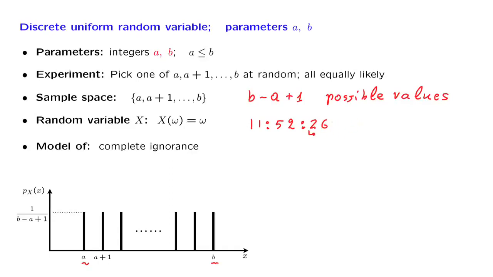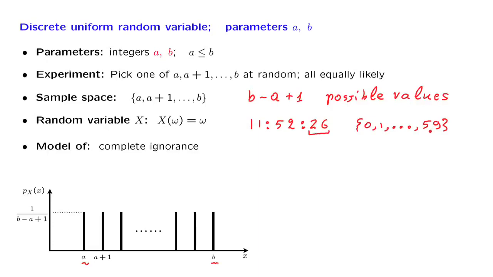And suppose that you just look at the seconds. The seconds reading takes values in the set from 0 to 59, so there are 60 possible values. And if you just choose to look at your clock at a completely random time, there's no reason to expect that one reading will be more likely than the other. All readings should be equally likely, and each one of them should have a probability of 1 over 60.